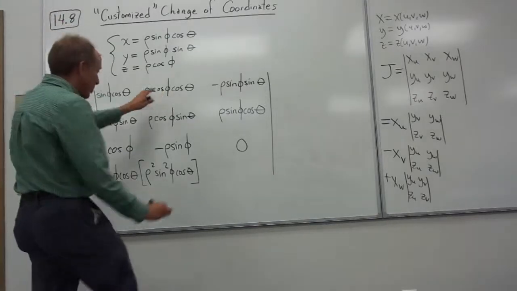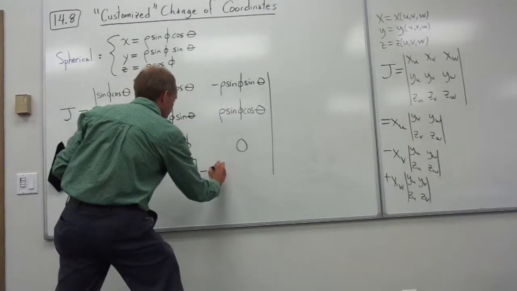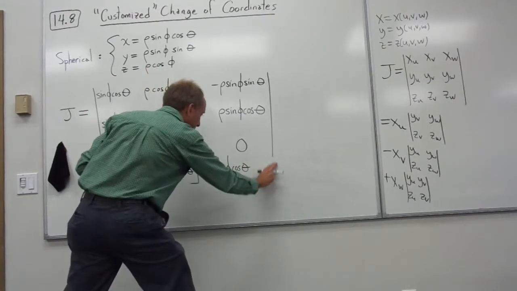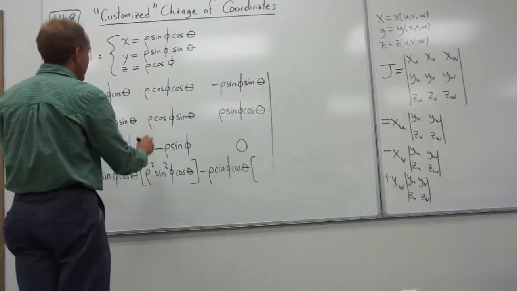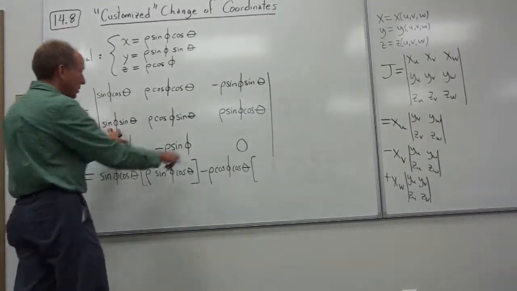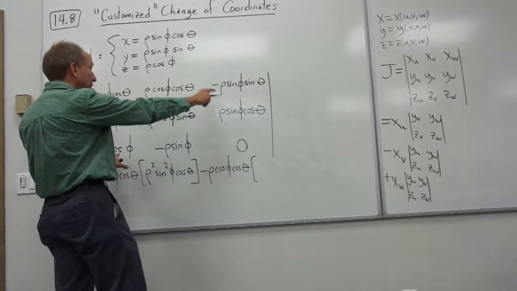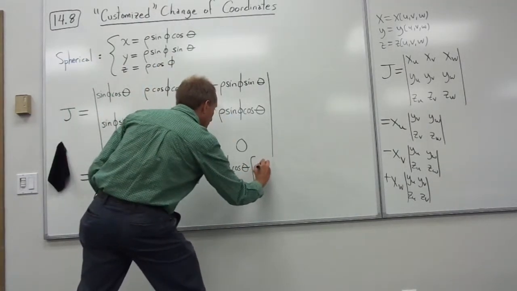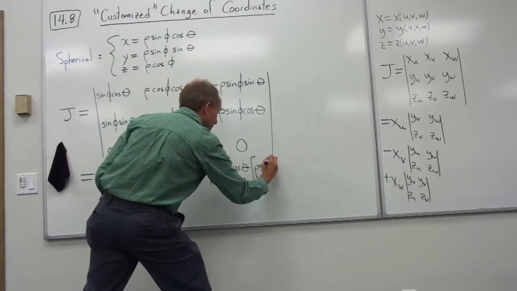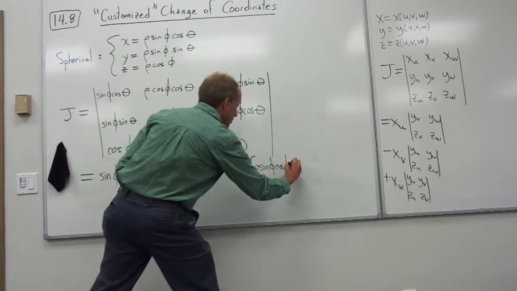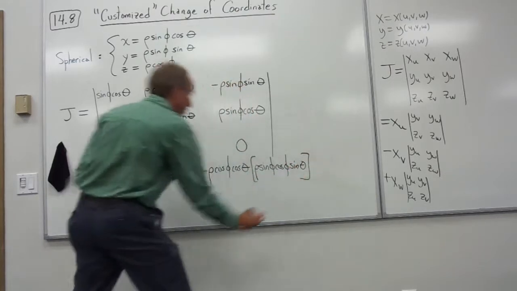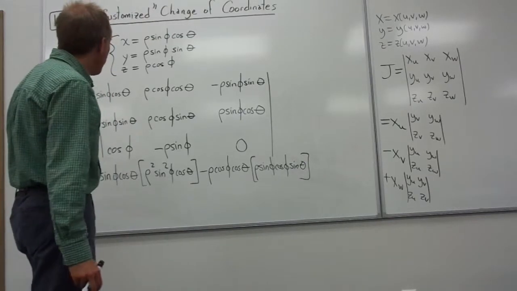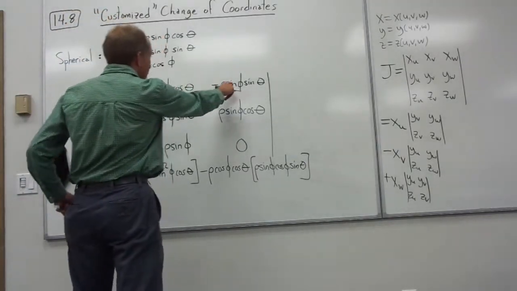Alright, now I go to this term. Don't forget we have a minus on this term. So rho cosine phi cosine theta, and then times this, which is again 0, minus this times this. So that's actually again plus rho sine phi cosine phi sine theta. Okay? So that's that term. And then finally, the last term would be corresponding to this guy right here.